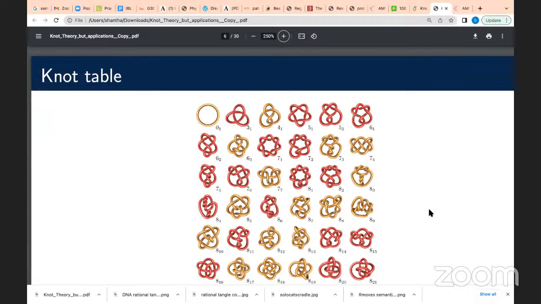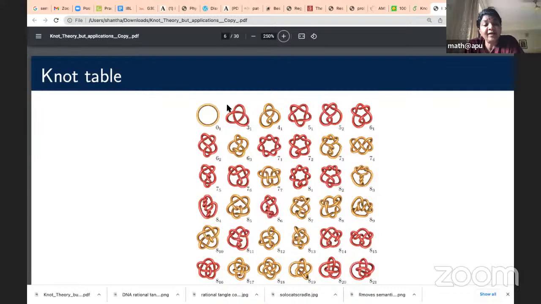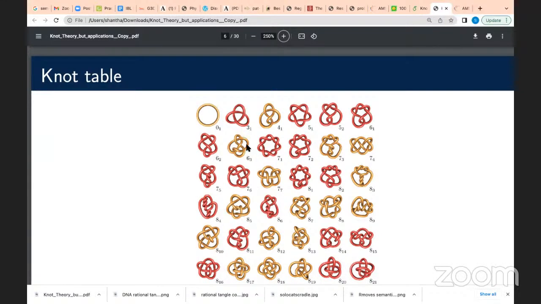Ma'am, does it refer to the number of curves? Number of curves. This is one closed curve. We are talking about the number of times we are twisting the rope to get the loops or something. Can you define twist a little bit?